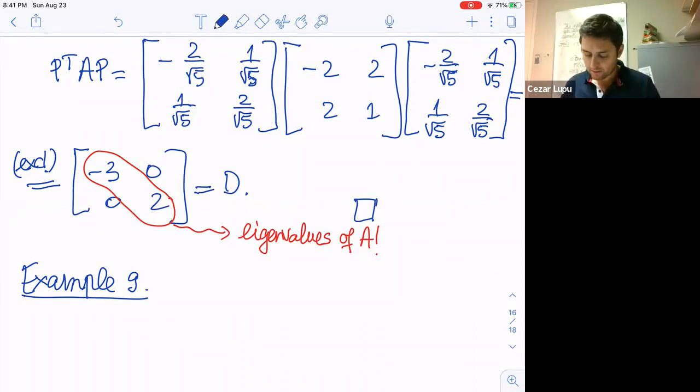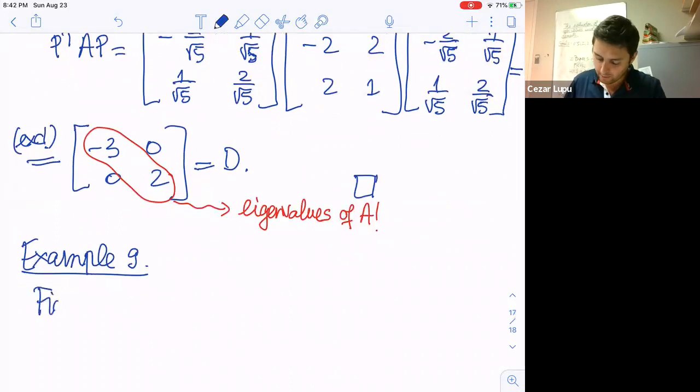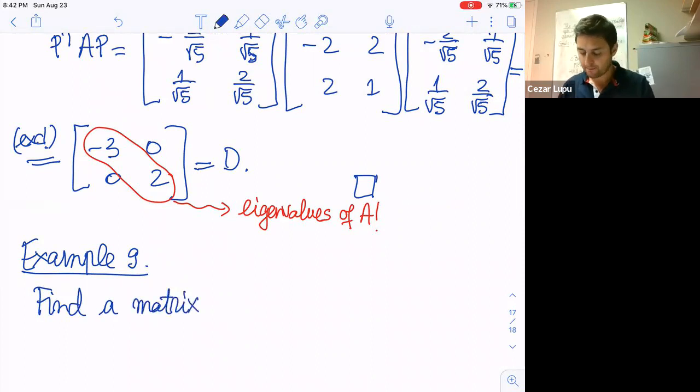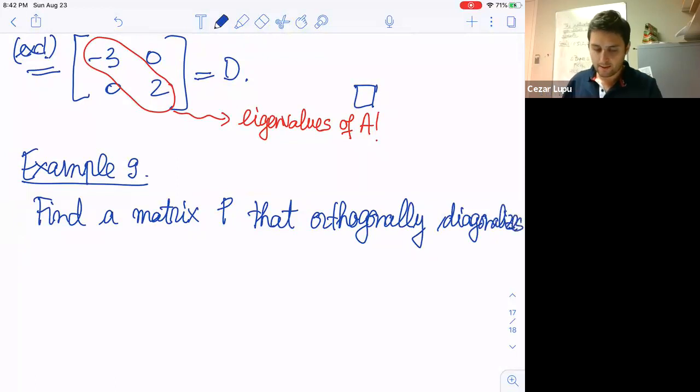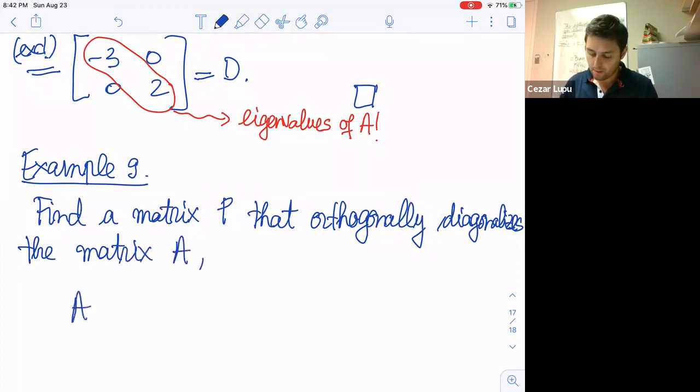The same thing: find a matrix P that orthogonally diagonalizes the matrix A. And this matrix A is given by the following, and it will be a 3 by 3.